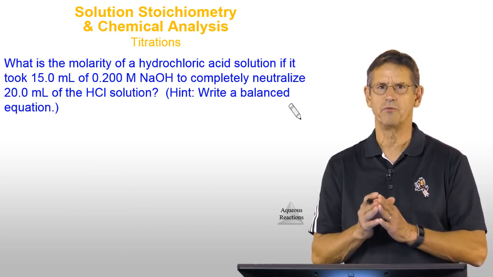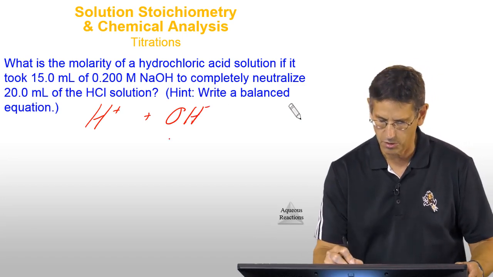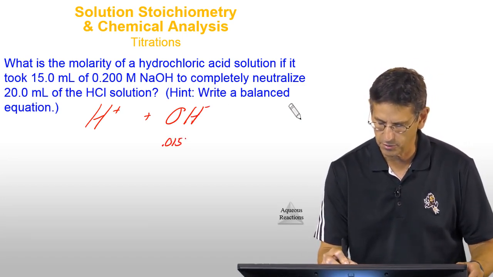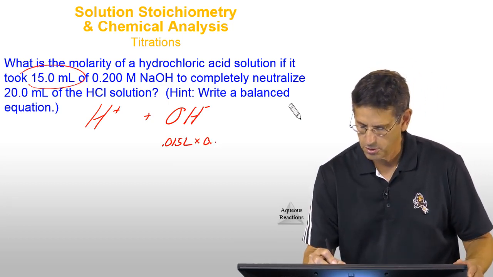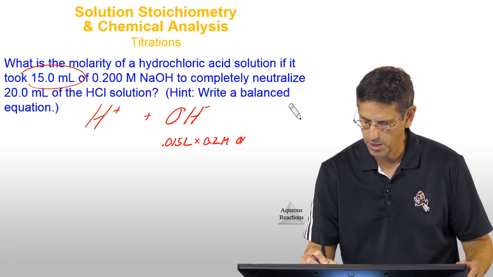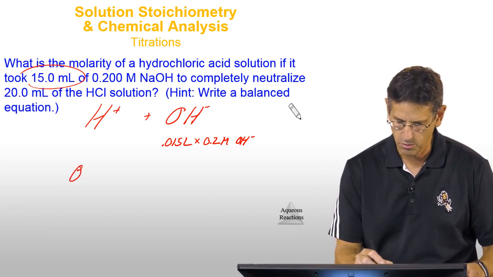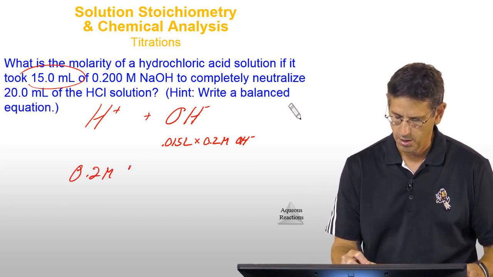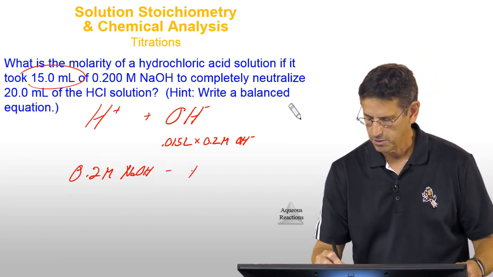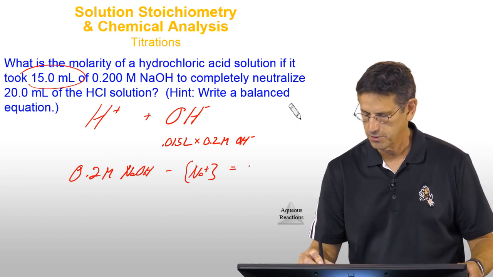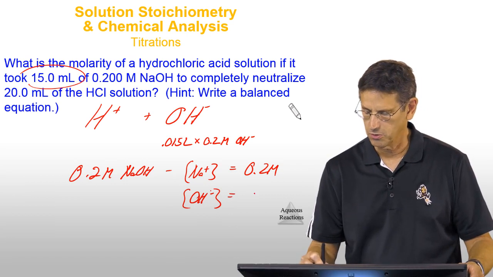So how many moles of hydroxide have we added? Well, we know that. It's going to be 0.015 liters times 0.2 molar hydroxide. Remember, when we say 0.2 molar sodium hydroxide, that means the solution with respect to the sodium cation is also 0.2 molar, and with respect to the hydroxide ion is also 0.2 molar.